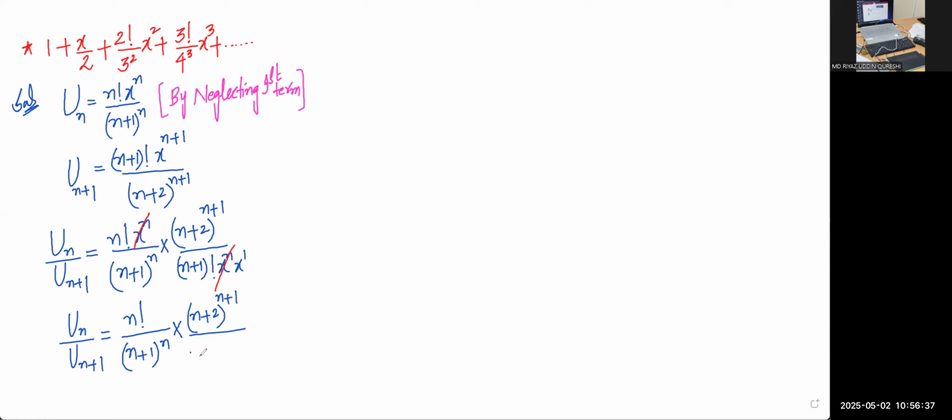We can open it: n factorial can be written as n into n minus 1 factorial, into 1 by x. The n plus 1 minus 1 cancels, and n factorial cancels with this n factorial. Now we merge these two. The powers should be added.